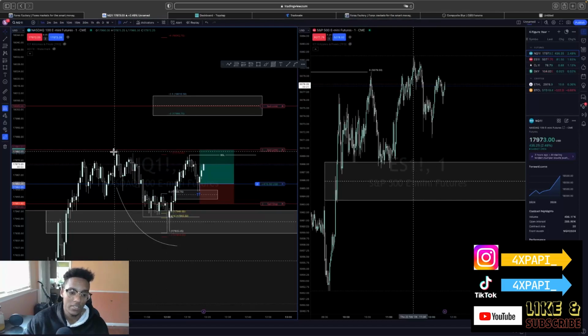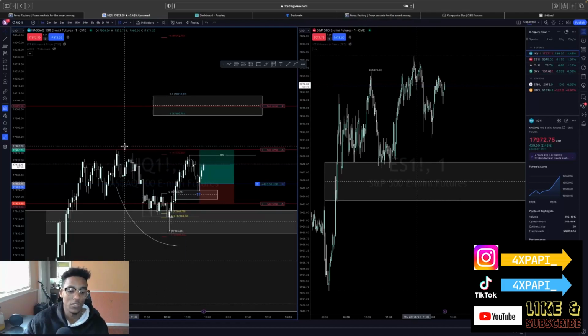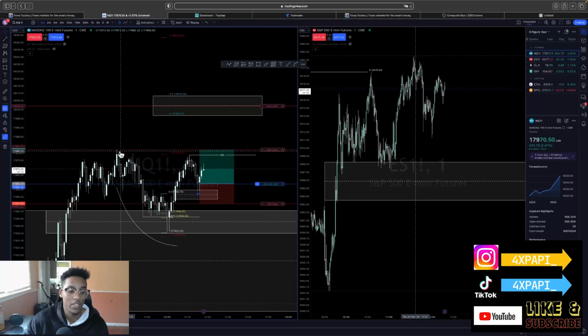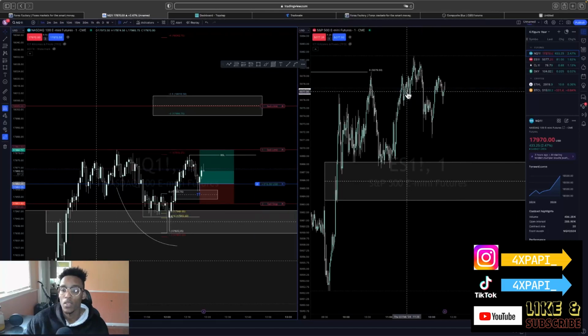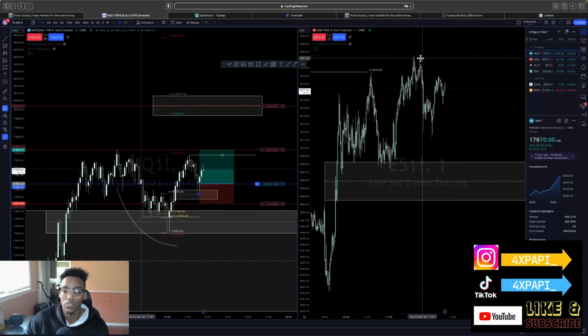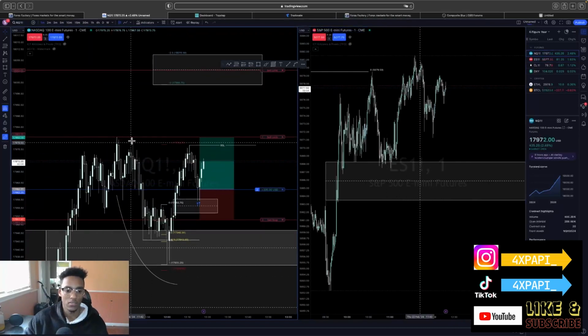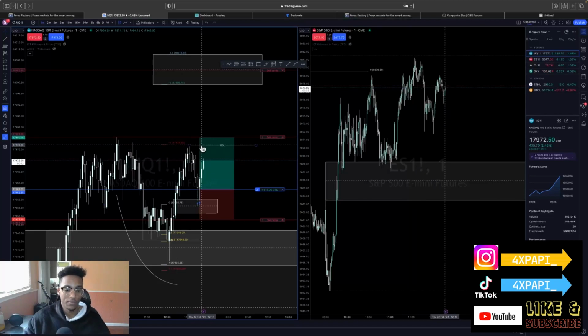Because if we would have taken this high already, I would not have entered this trade because the objective would have already been met, or at least the objective that I am confident that we're going to go to. And the ES also did not take this as well. So there's no bearish SMT in our way on this trade.